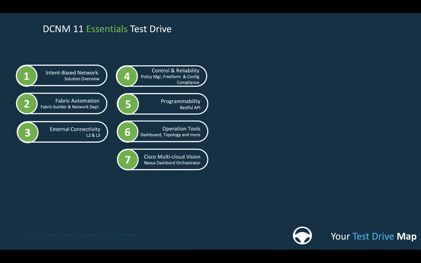Module 1 covers the Cisco intent-based networking solutions, the solution and the requirements with a focus on the network-centric approach. What is DCNM and why DCNM? This module includes a sub-module, which is a separate module that gives you a brief refresher of VXLAN EVPN.